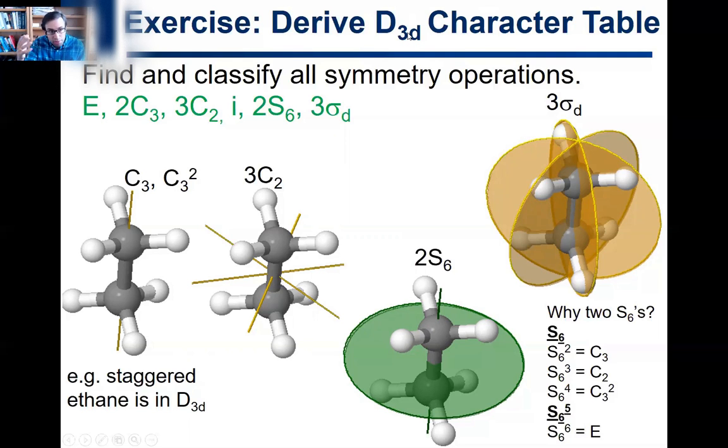So the principal rotation here is a C3, which means you'll have 3 perpendicular C2s. In other words, a Dnd or a Dnh point group will always have n perpendicular C2s. So there's 3 of them here.